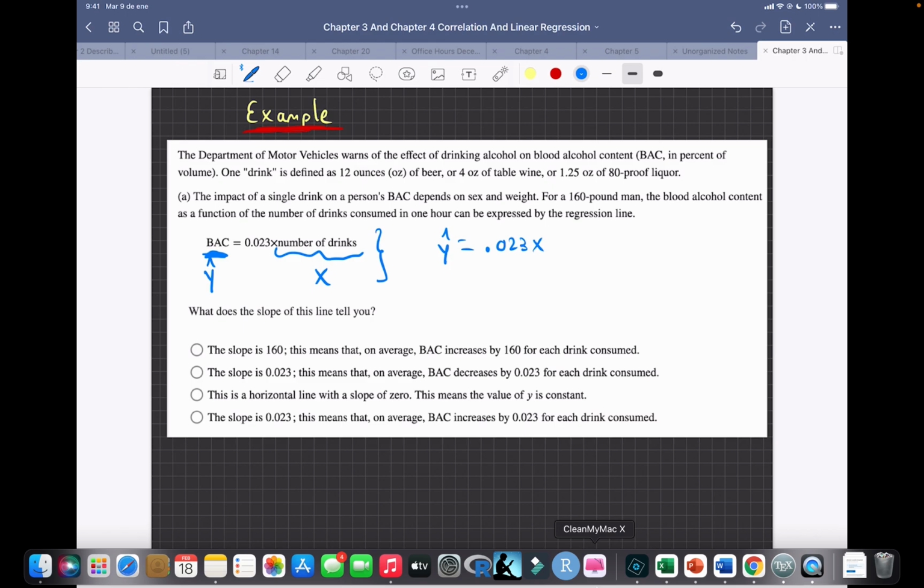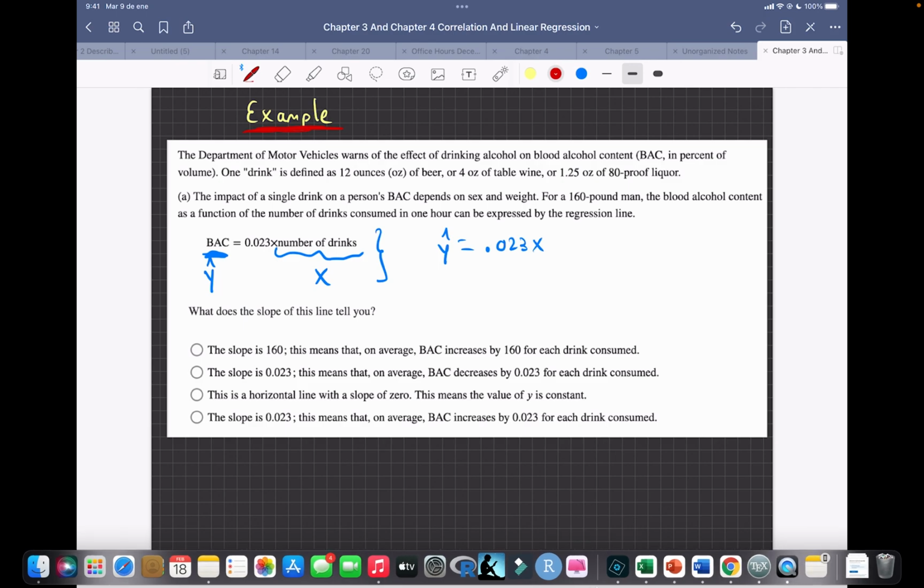So by knowing this, we have to respond to the next question. The slope is this number here, the number multiplying the x. You know this from your pre-calc course. This is the slope, 0.023.